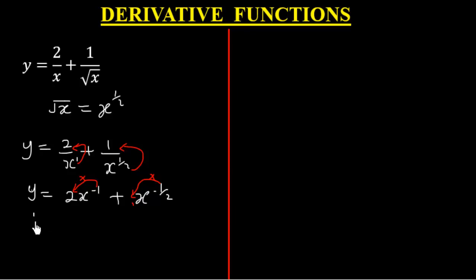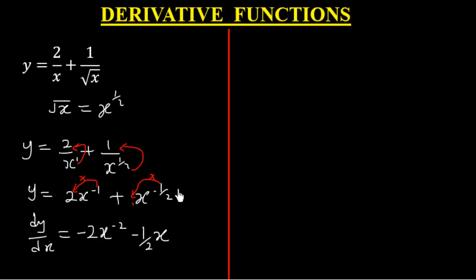So we have here dy/dx equals, now negative 1 times 2 gives us negative 2x. Now the exponent here has to reduce by 1, so negative 1 minus 1 will give us negative 2. And then also negative half times the 1 here will give us negative half x.